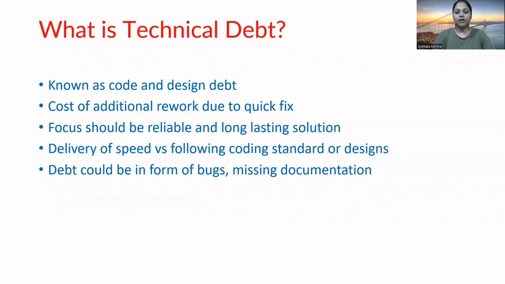Okay, so technical debt. First of all, let's understand why they are debt. Because if we don't pay attention to these code and design debts, we end up doing additional work, right? And then additional work would impact our product delivery. So as a Scrum team, our focus is always on product development.